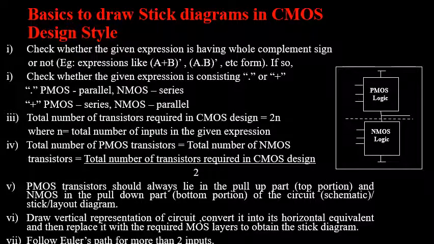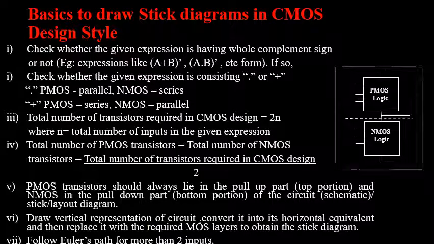Next thing is, try to draw the vertical representation of the circuit. I will let you know the difference between a vertical representation and a horizontal representation of a circuit. Usually I suggest students refer to the horizontal circuit diagram in order to make your stick diagram as well as layout diagram easier. We will see these representations in the later slides.